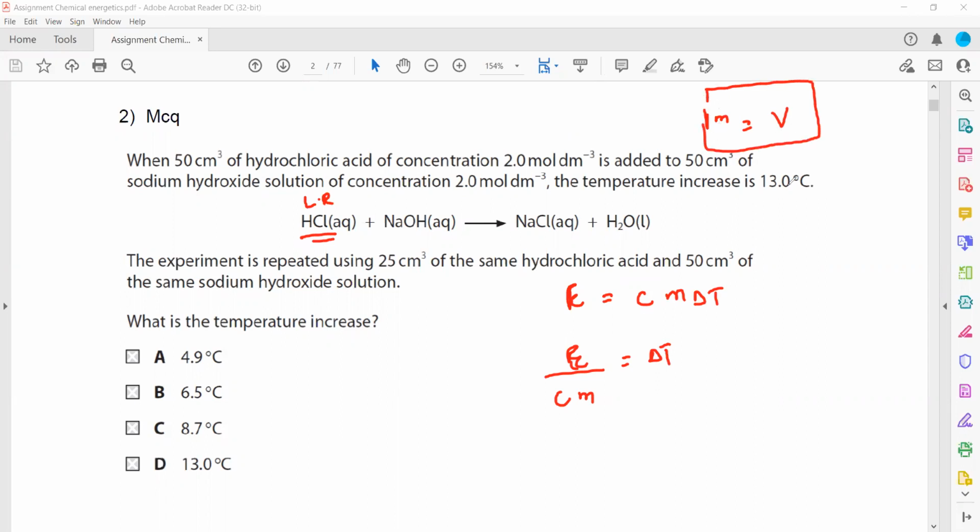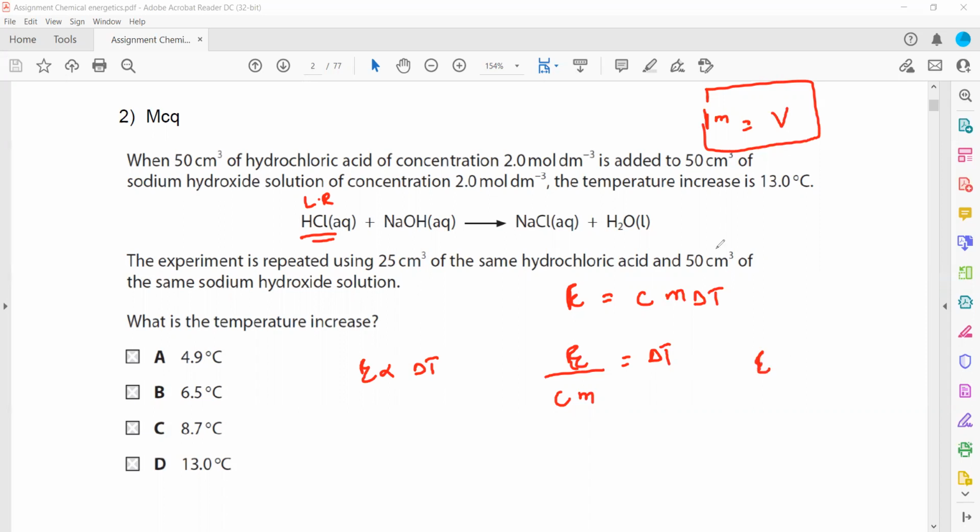That's why the mass is the same as the volume. In short, the energy release is proportional to temperature change, and the energy release depends on the number of moles.